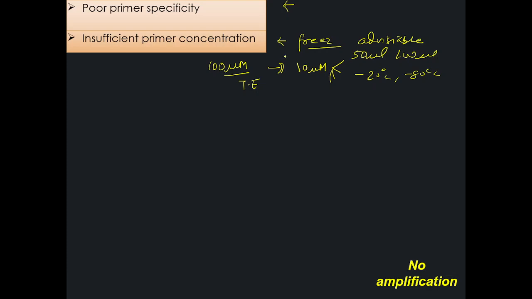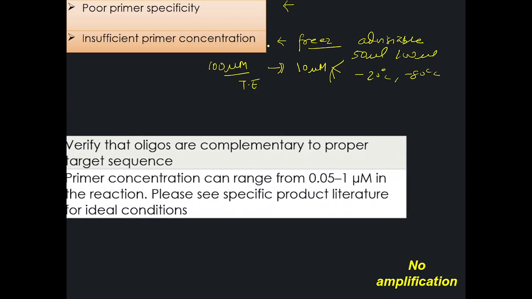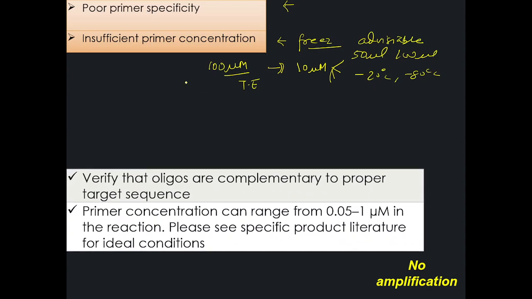Because you might be thinking your primer concentration is fine, but because of freeze-thaw there could be slight degradation, and then the concentration of primer could be less. Though the chances are less, that could also be a possibility and the reason. To solve this problem, one can verify the oligos' complementarity with the target sequence.